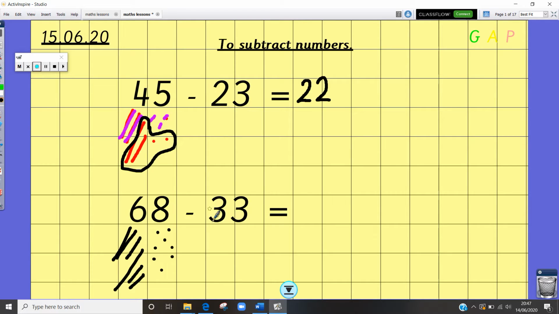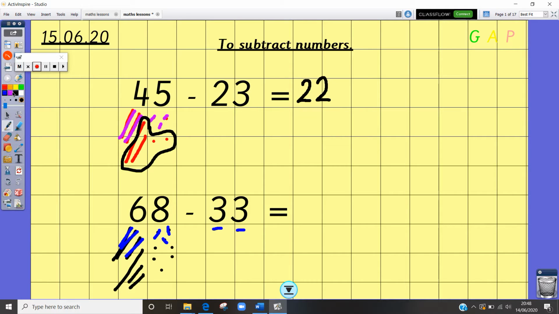So I don't do it for 33 because I'm not adding it, I'm taking it away. So let's subtract now 30, so 3 tens and 3 ones from my 68. So let's take away 10, 20, 30, 31, 32, 33.